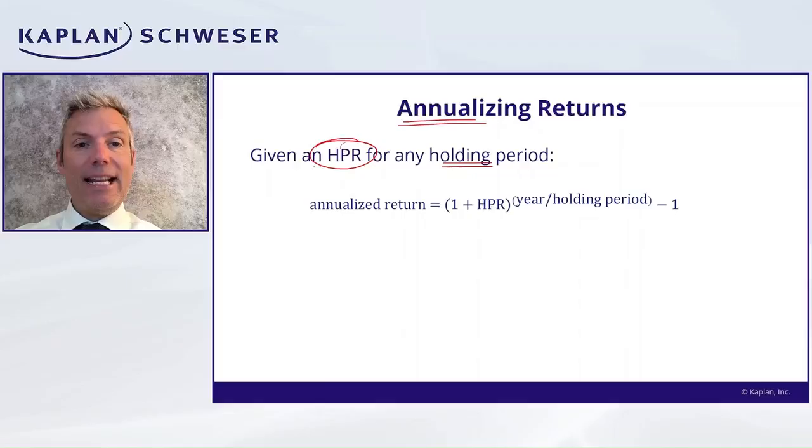If you're given any holding period, you can take the holding period return and annualize by putting 1 plus the HPR to the power of what is a year versus the holding period. That's what that power is. For example, if your holding period is 6 months, then you'd have essentially a power of 2 here, wouldn't you? 12 months for a year versus 6 months for the holding period.